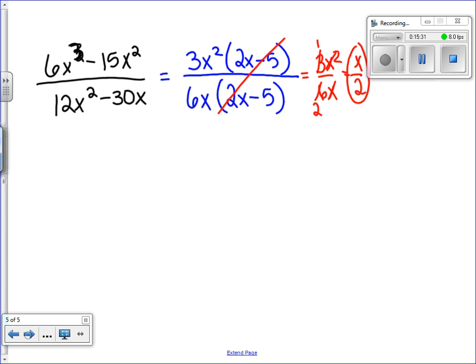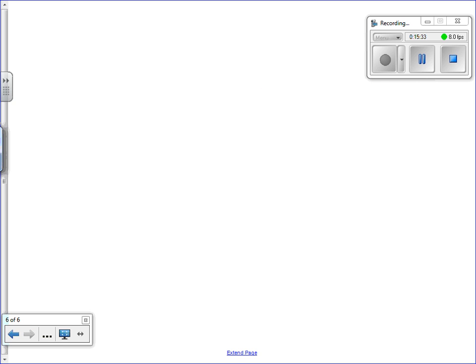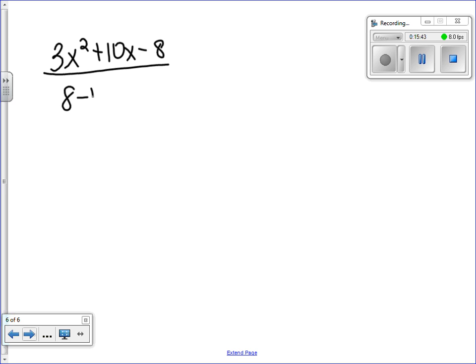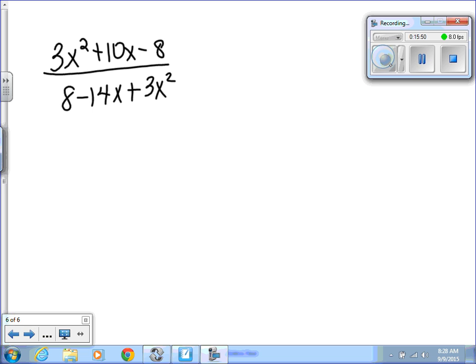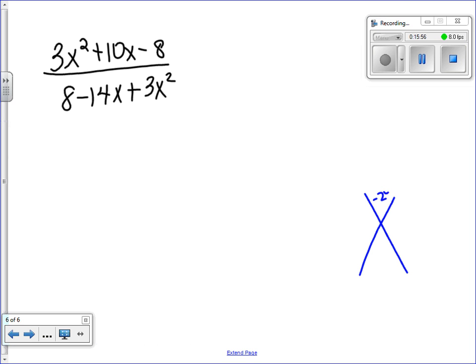Alright, this is the next one. This one is back to a trinomial. 3x squared plus 10x minus 8 over 8 minus 14x plus 3x squared. Alright, on top, I need two numbers that multiply to equal negative 24 and add to be 10.